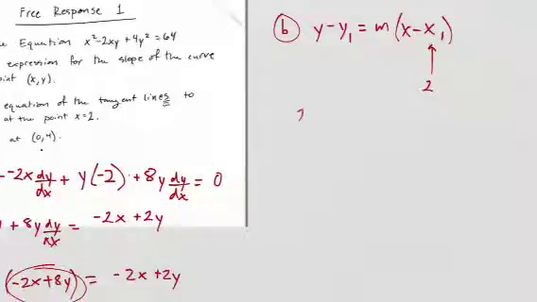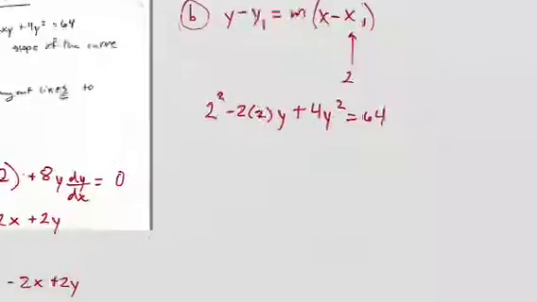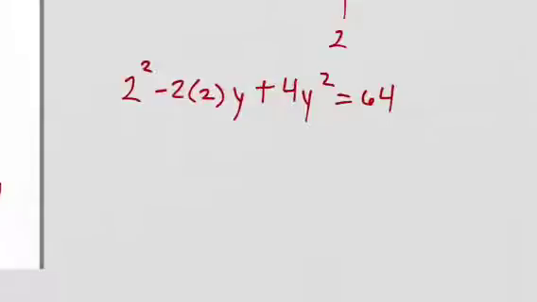So I'm putting in a 2 for x, that's 2 squared minus 2 times y plus 4y squared equals 64. And I'll simplify. 4 minus 4y plus 4y squared equals 64.